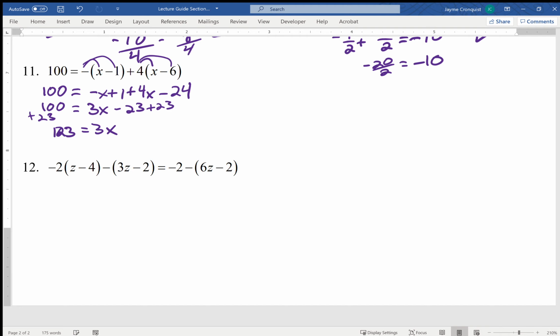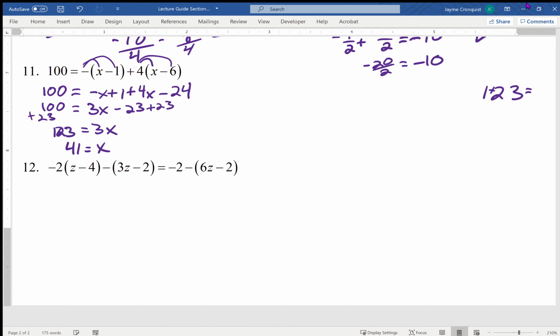So I'm going to see if 123 divided by 3. I think it does. Do you all know the trick for dividing by 3? Yes, it's 41. Okay. I'll show you in just 1 second. If you don't know the trick, I'm going to put it over here real quick, way over here on the side. If all the digits add to a number that is divisible by 3, then the entire number is divisible by 3.